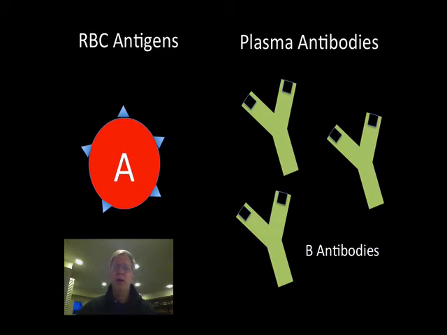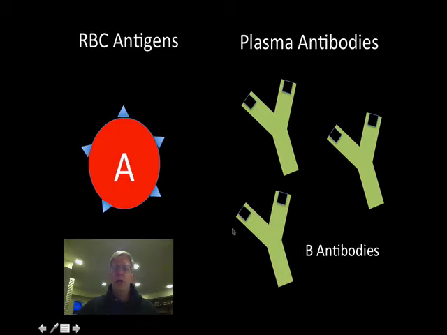Antibodies are proteins that attack specific antigens. And in the blood typing system, we have the opposite antibodies to the antigens that we have. It wouldn't make any sense for us to have the same antibodies as we have antigens, because then those antibodies would attack our own blood.